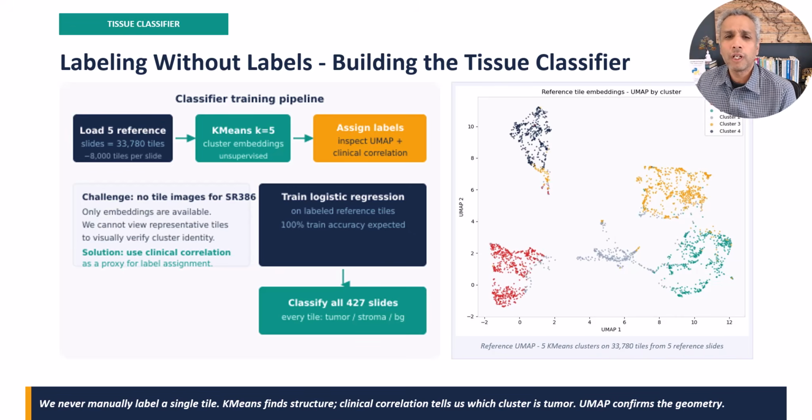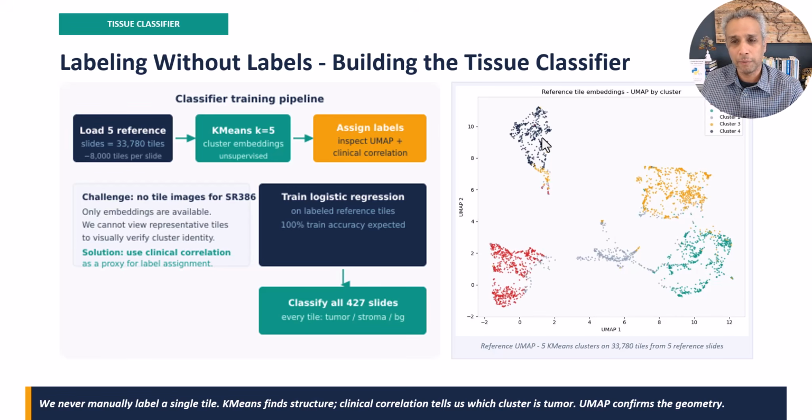The cluster that correlates most positively here with stage and mortality is most likely the tumor, right? So if you have a positive correlation with the cancer stage and also the mortality rate, then you know that, okay, that's probably tumor. That's how we are going to label. That's the workaround that I'm talking about, proxy. In an ideal world, if you have images, then you look at the image, and as an expert, you can say whether that's tumor or not.